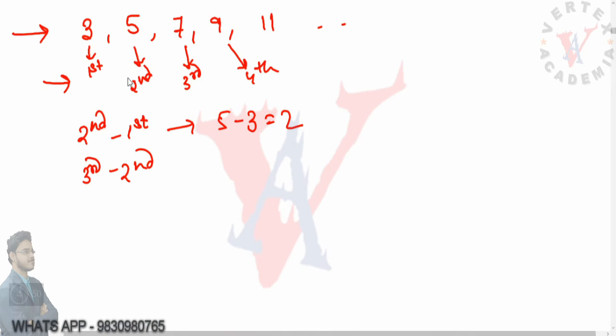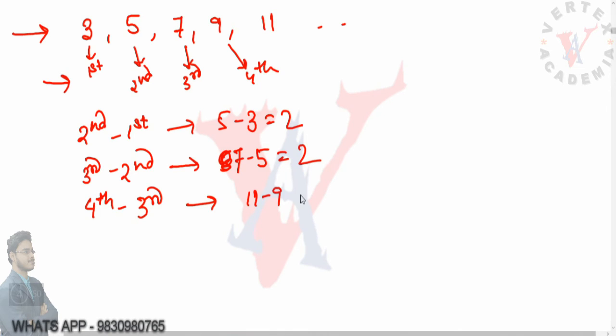So third minus second, not second minus third. You have to be careful, please listen carefully. The difference which you need to compute here is basically the term minus its preceding term. So it is second minus first, not first minus second. Second minus first, third minus second, fourth minus third, this way. So third minus second is 7 minus 5, which is again 2. Fourth minus third is 11 minus 9, so again this is 2.